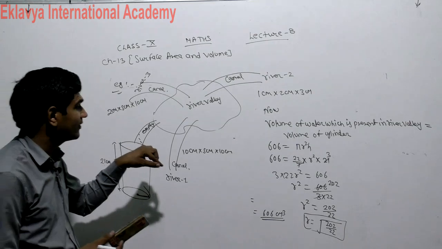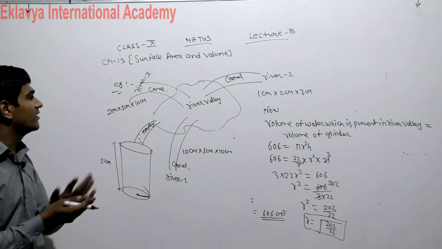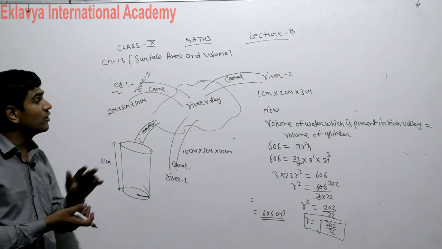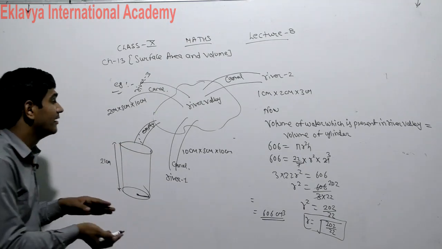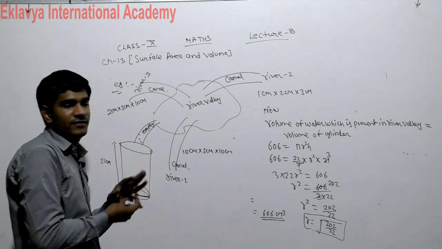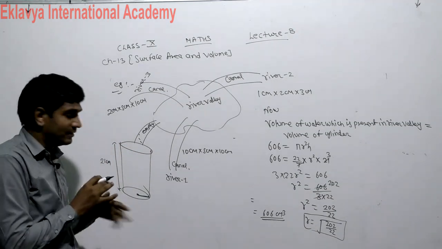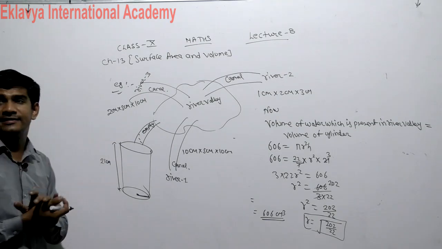So in one question we have to do two questions. First question was, in a river valley water is coming from three rivers, so what is the amount of water which is present in the river valley? Second, after filling the river valley that water is empty into the cylinder, then what is the radius of the cylinder whose height is given to you?